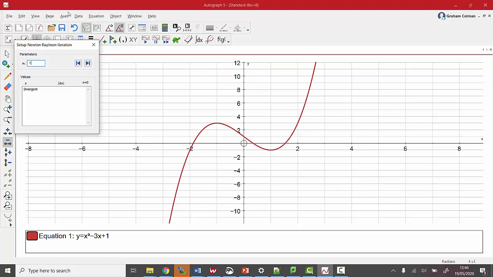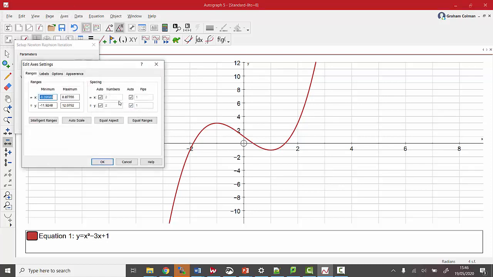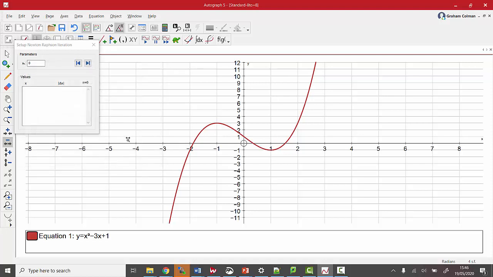What about if we wanted to try and get this root over here between 1 and 2? Well, just getting my values back so we can see what's going on. Let's try a value of 1.3 as our starting value. Okay, we need to zoom right in again.